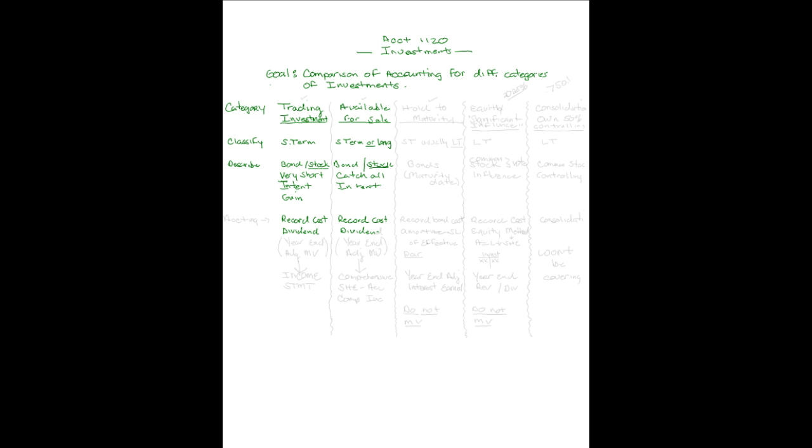The same in both cases. But there is one difference, but not yet. At the year end, we adjust it to market value. And the adjustment on a trading investment gets put on the income statement.